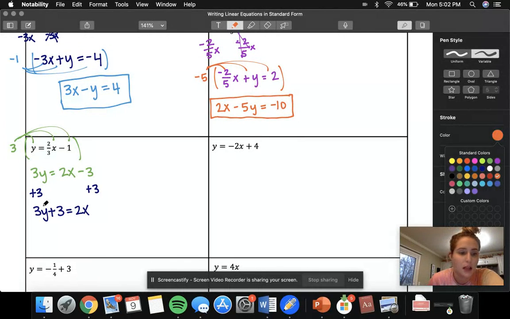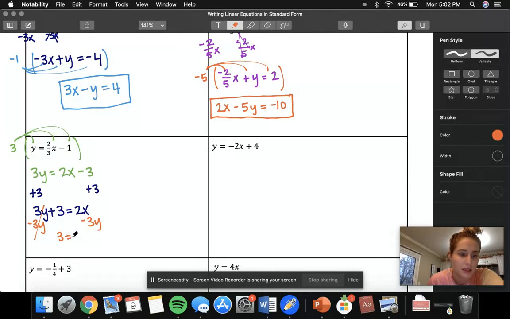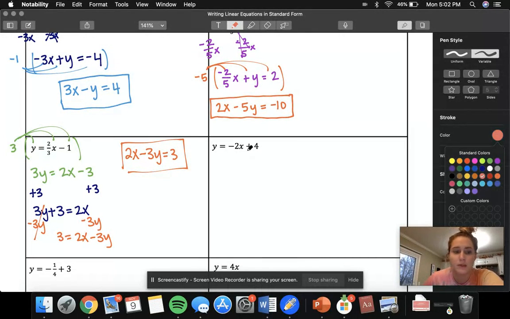And then what I'll do is I'll move this 3y over with subtraction. 3 equals 2x minus 3y, or we could also write it, if you want it to look exactly like standard form, 2x minus 3y equals 3. Okay? So that's just a different way of doing it.